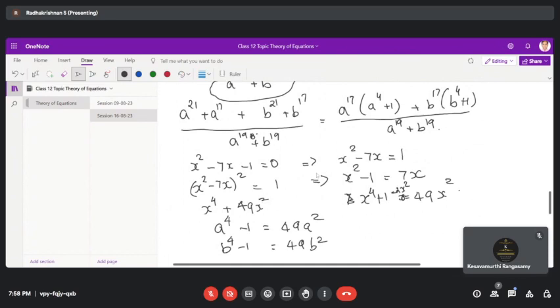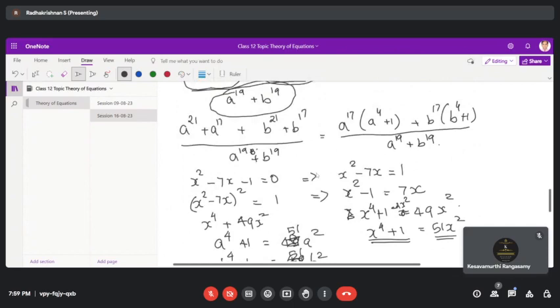So x power 4 plus 1 is equal to 51x square. Since x square minus 7x equal to 1, we are able to determine x to the power of 4 plus 1 as equal to 51x square. So a power 4 plus 1 will be 51a square and b power 4 plus 1 will be 51b square. If we substitute that, this equation becomes very easy to solve.